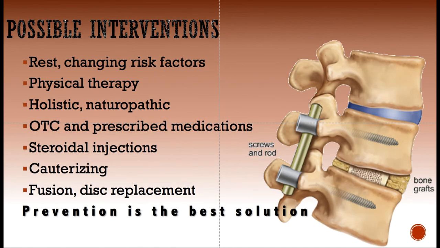So some possible interventions: rest, and changing your risk factors is the biggest one. Prevention is, of course, the best solution or the best insurance against getting hurt. Then next, it's kind of down the line where people step through when they're starting to feel pain or discomfort, although a lot of times they skip that step of changing their risk factors.